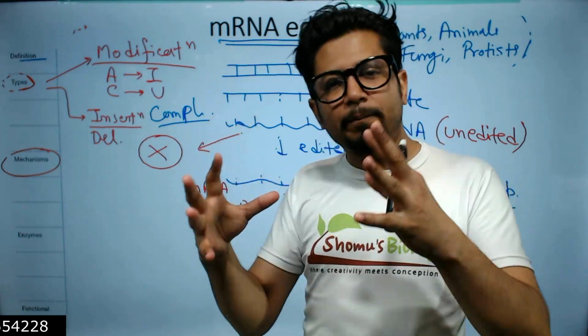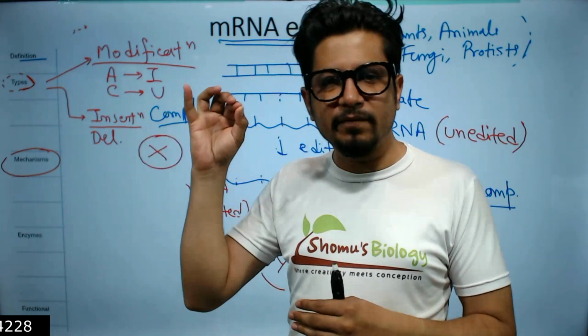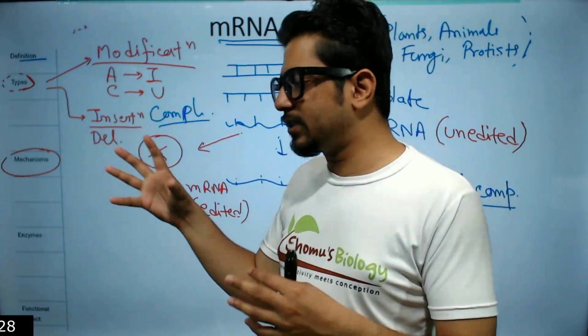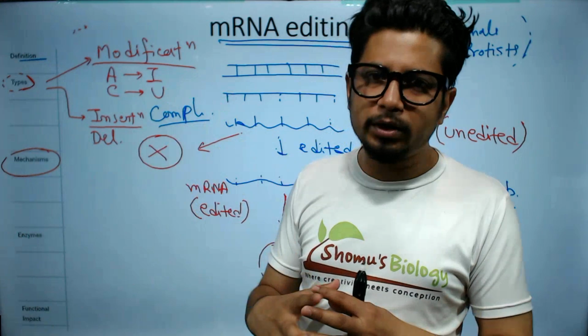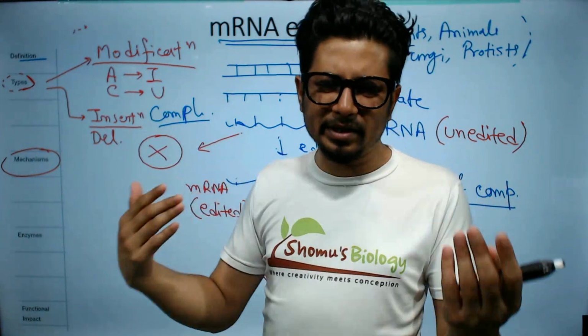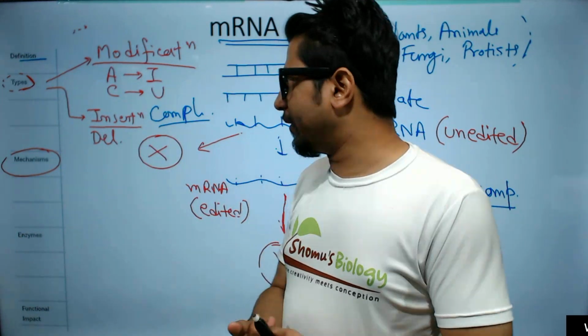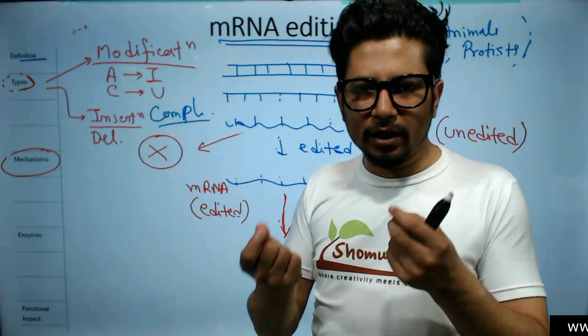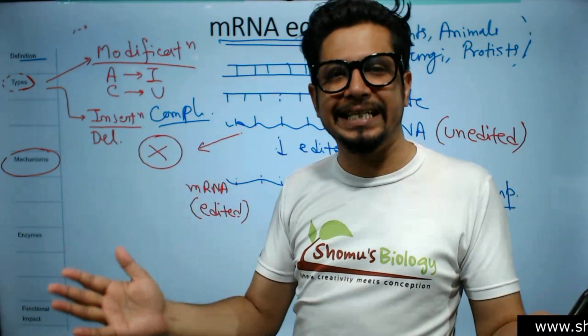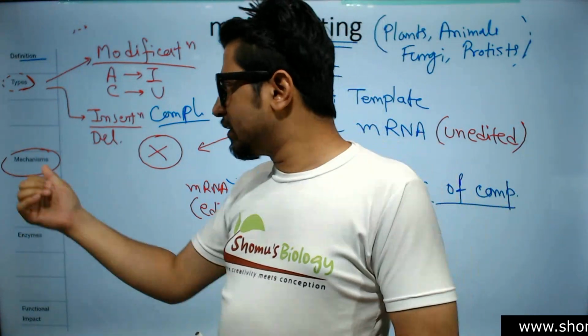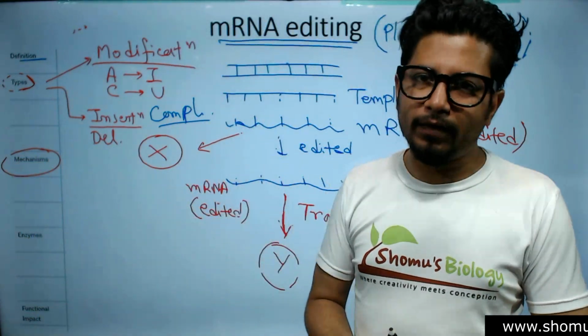So those protein complexes will bind to specific regions of the mRNA, and once the protein complex binds to the specific locations, they will recruit other enzymes which will ultimately trigger the change to the RNA. Now the change can be a single nucleotide modification, or nucleotide insertion, or nucleotide deletion. So these are all the mechanisms of RNA editing.